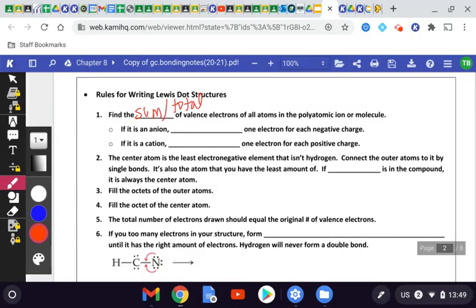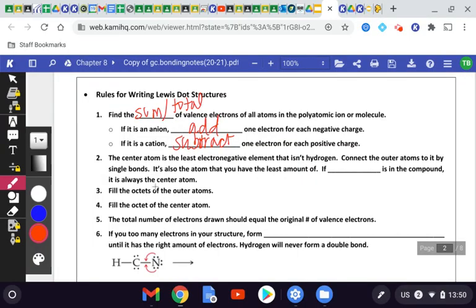If it is an anion, we're going to add 1 electron for each negative charge. And if it is a cation, we're going to subtract 1 electron for each positive charge. Then from the structure, we're going to decide what the center atom is.